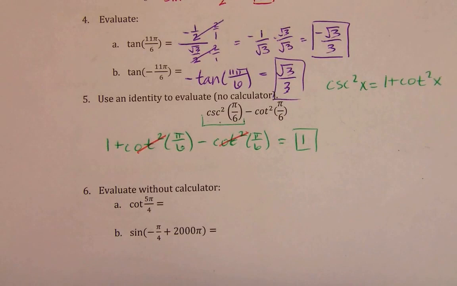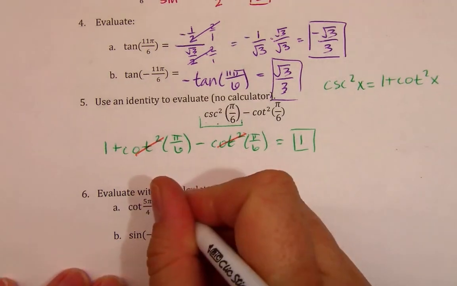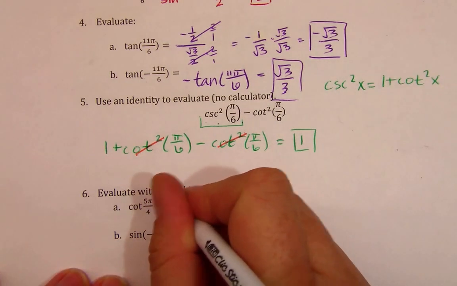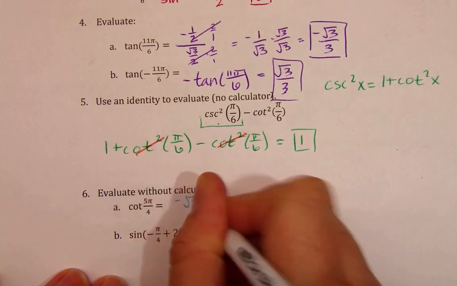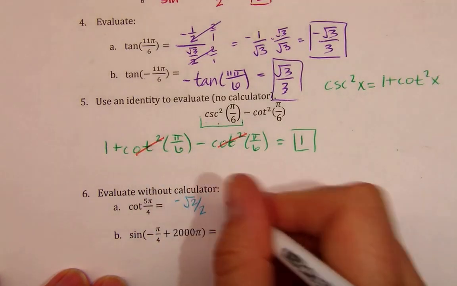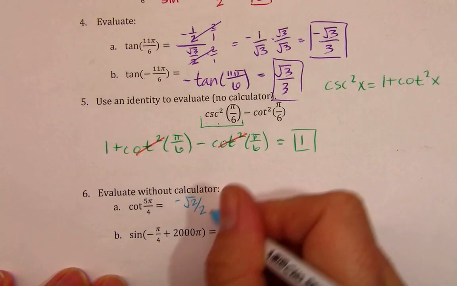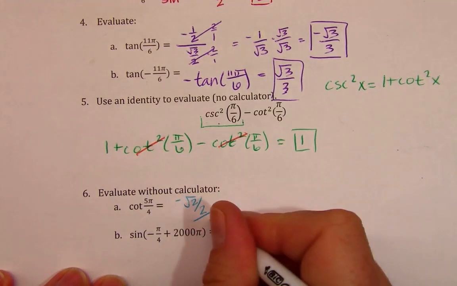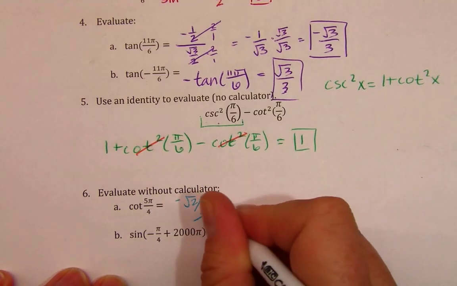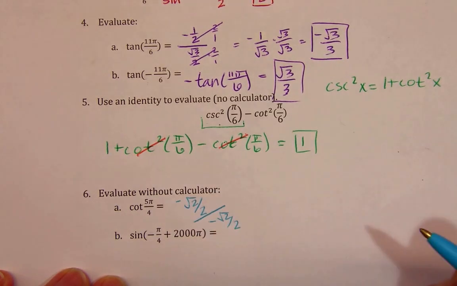Looking at these last couple examples here, we can evaluate again without a calculator. Well, cotangent of 5 pi over 4, that's just going to be the reciprocal of tangent there. And so we have negative root 2 over 2, that's the cosine value, over negative root 2 over 2, which is the sine value.